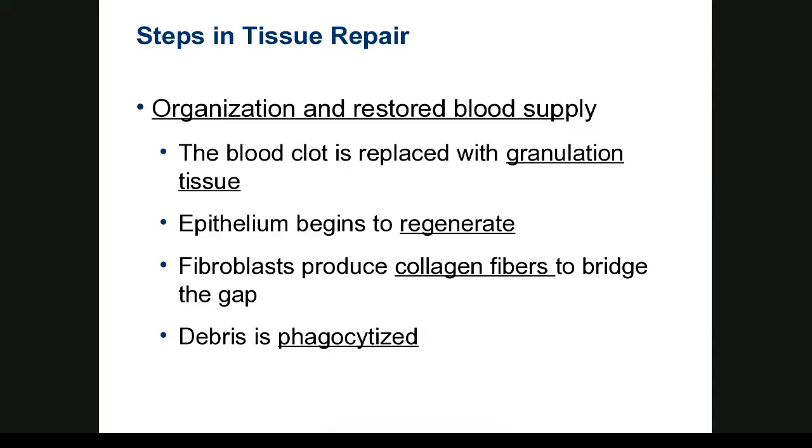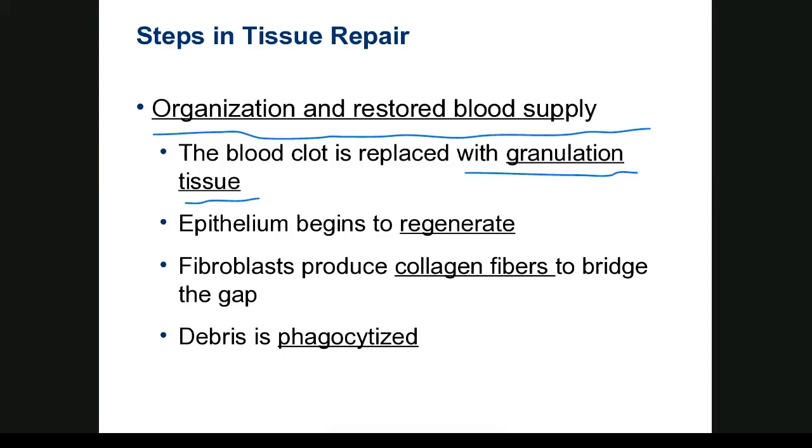Okay, steps to tissue repair, the next step, organization and restored blood supply. The blood clot is going to be replaced with granulation tissue. Granulation tissue, you may have had a scab knocked off and seen some nice red tissue under that. That is granulation tissue.